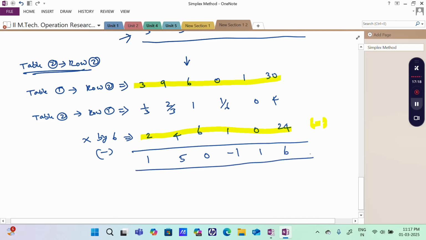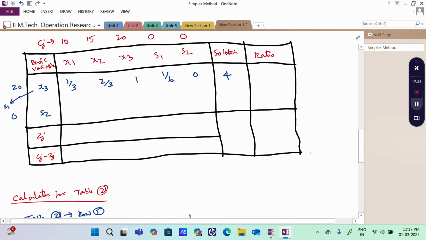So this is table 2, row 2: 1, 5, 0, minus 1, 1 and 6.